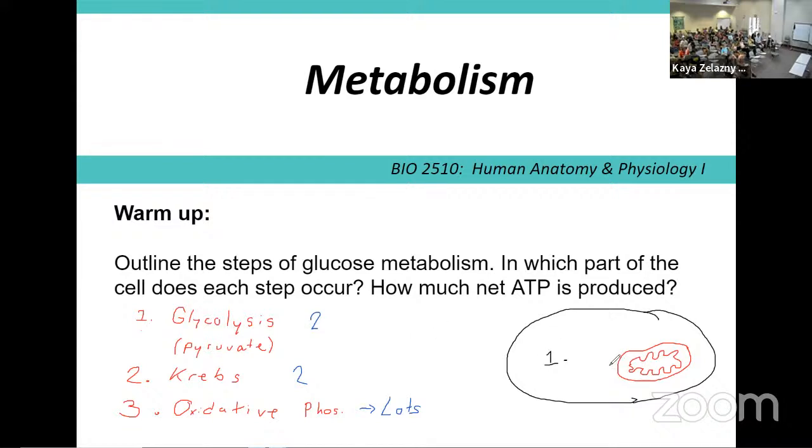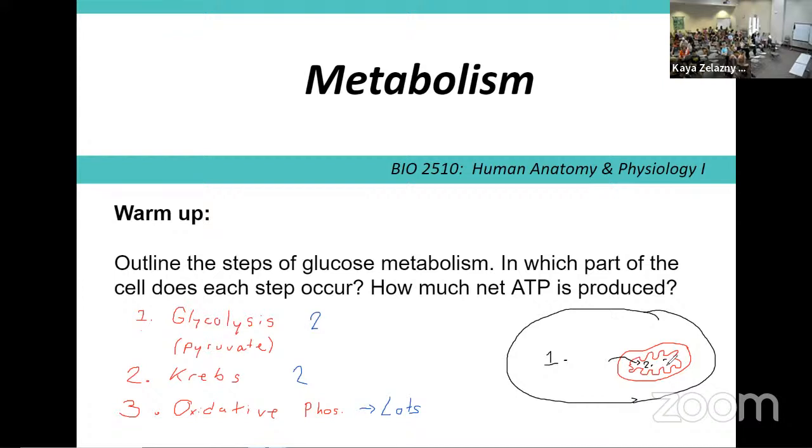And then we have our linking step with pyruvate. So that's going in all the way into the center of our mitochondria. So that's where our Krebs cycle is going to happen. So I'm going to put 2 here. And when we get to our oxidative phosphorylation step, that's also happening in the mitochondria.